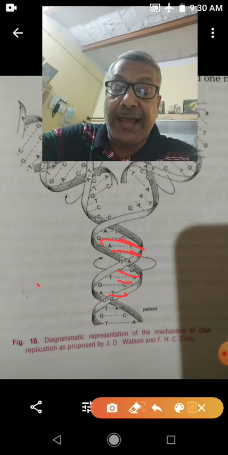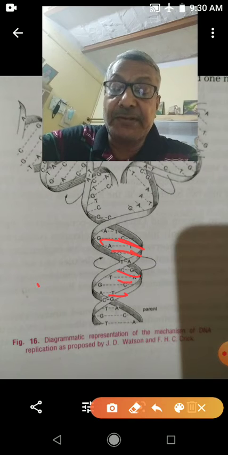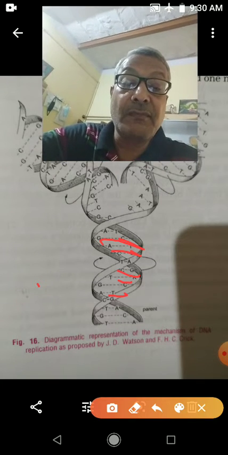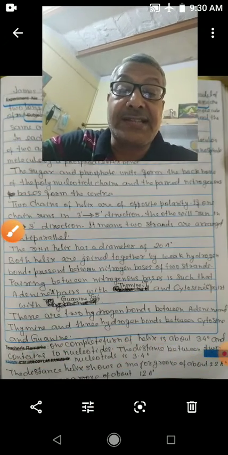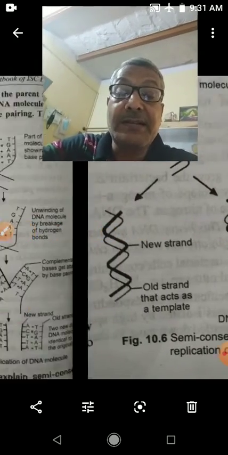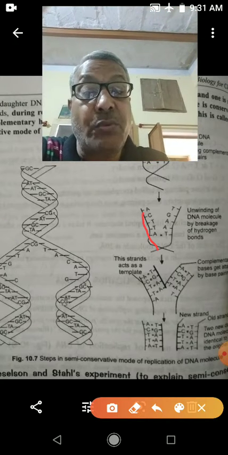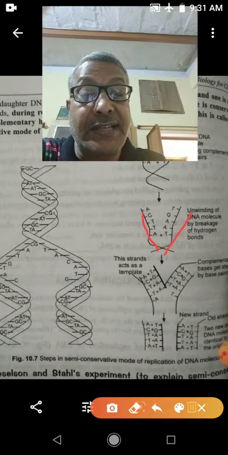Each strand acts as a template for the synthesis of a new strand. So when these strands separate, their hydrogen bonds have broken, and this is one strand and these are the other strands.